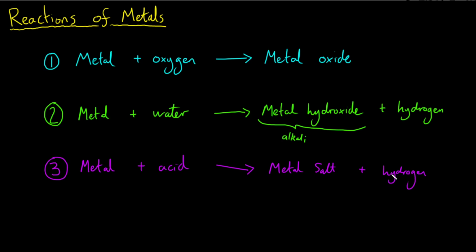We'll take time now to look at an example of each one, write out a word equation, then an ionic equation, and talk a little bit more about which types of metals will react with either oxygen, water, or acid, because they don't all react with each different chemical. Only certain metals will react with acids, only certain metals will react with water, and again, only certain ones will react with oxygen.